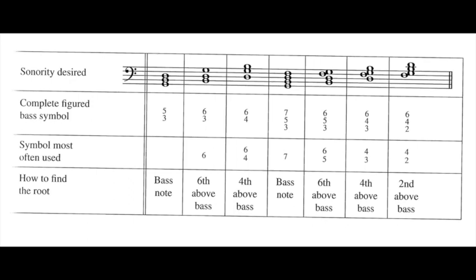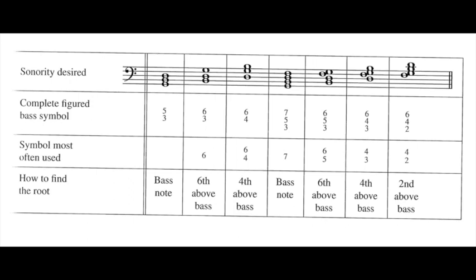When we move to seventh chords, a root position seventh chord gets a 7 on the end to show that there is a seventh added on. We have the same intervals in first inversion with that 5/3, but there's that added sixth. So we refer to this as a 6/5 because the 3 remains constant.